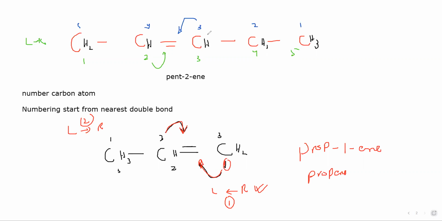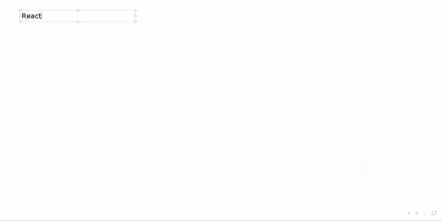Then the reactions of alkenes. First thing, because we can use them as a fuel, so when we use hydrocarbon as a fuel, we can burn them. So as we can burn them, the first reaction is combustion or burning.